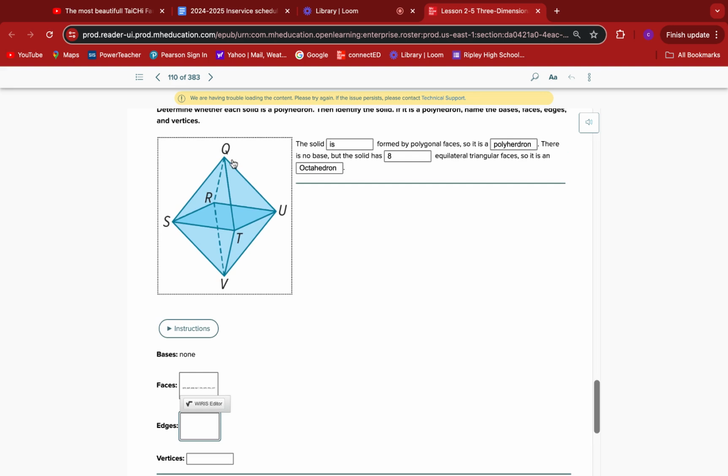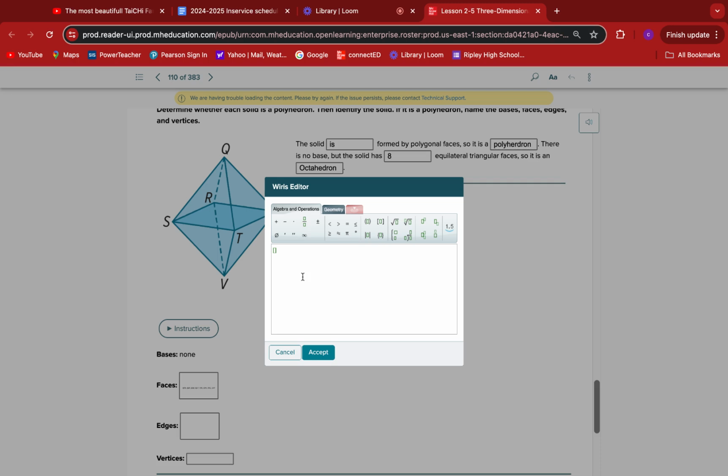Edges. Okay. We've got QT, QS, QR, QU. From the bottom, VT, VS, VR, VU. QT, QS, QR, QU on the bottom, VT, VS, VR, VU.